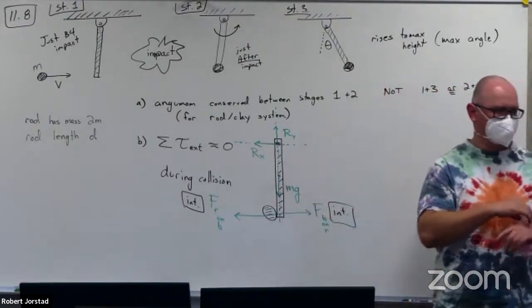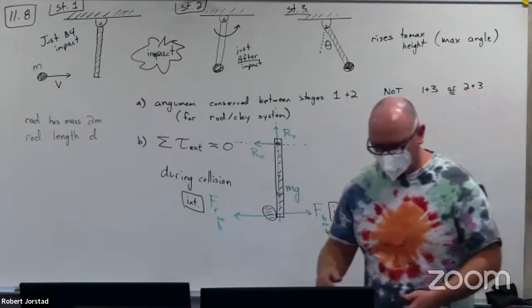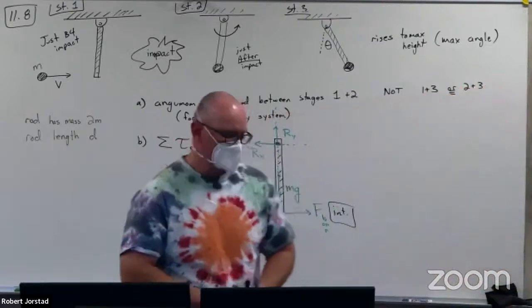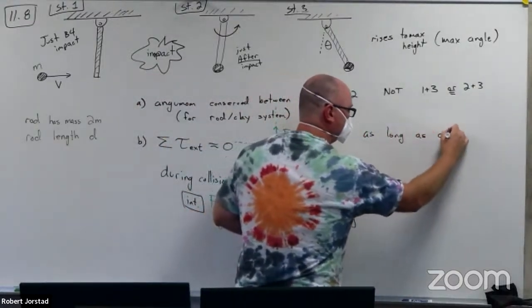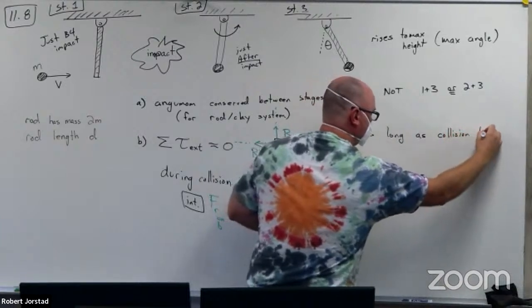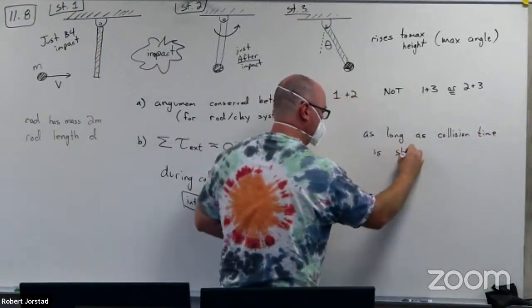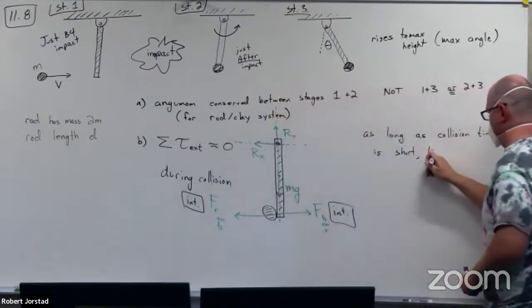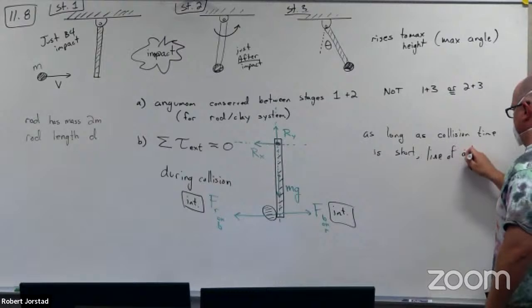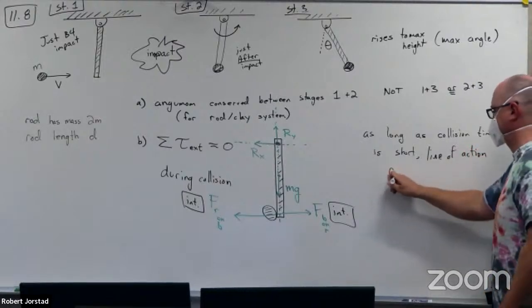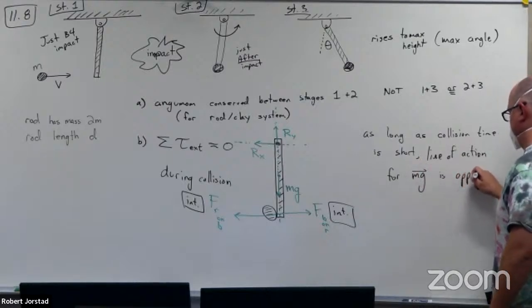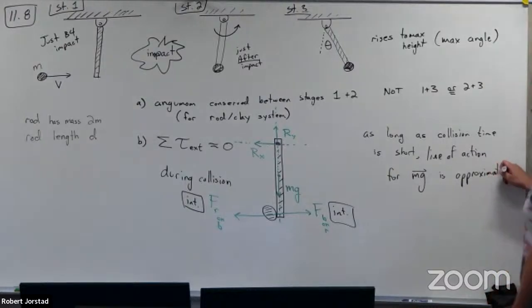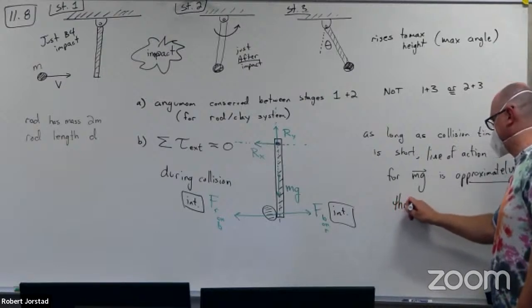It's not strictly through the pivot point for the entire collision, but as long as the collision time is short, it's not through the pivot point exactly, but it's approximately through the pivot.